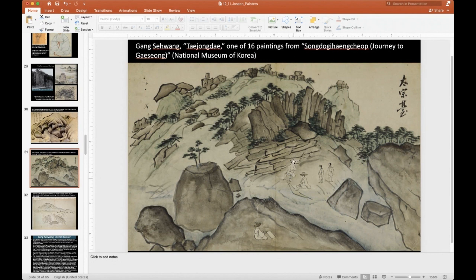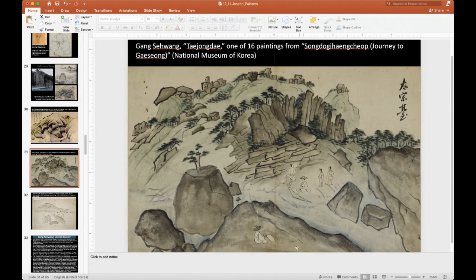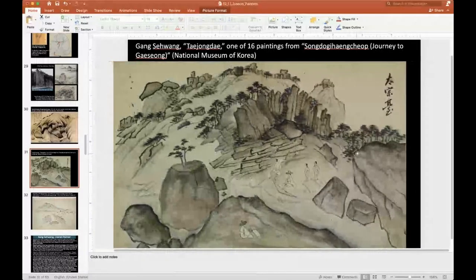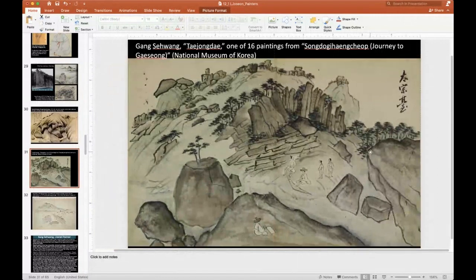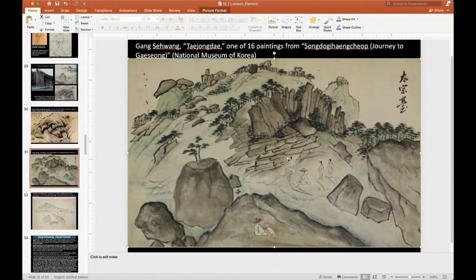In this case, they even took off their clothes, and both of them rolled their pants up to the knees. And they are trying to put their legs into the ocean water. And then two servants walking. And then this painter himself, maybe Kang Se-hwang, right, sitting on the other side of the cliff, and then drawing the beautiful scenery of his friends.